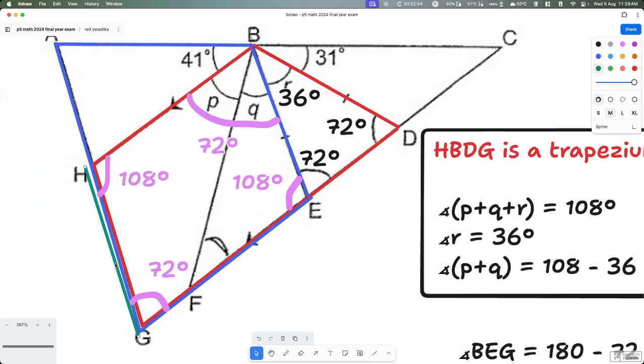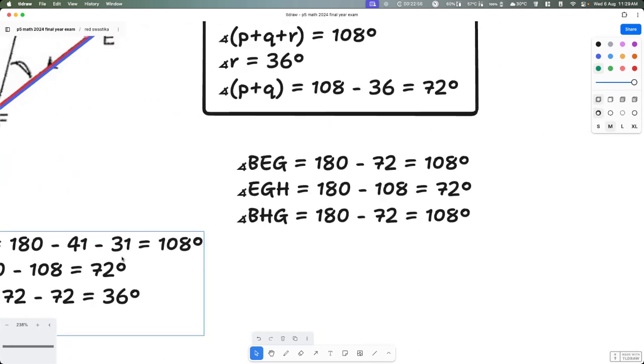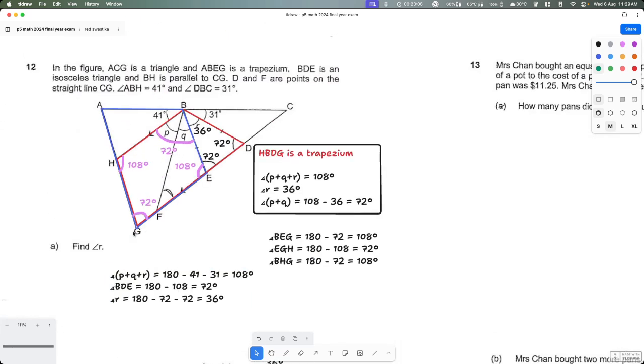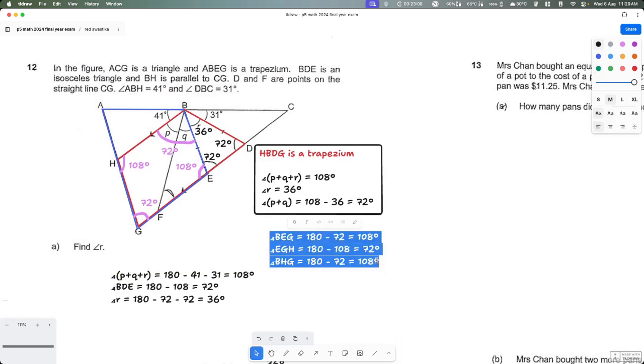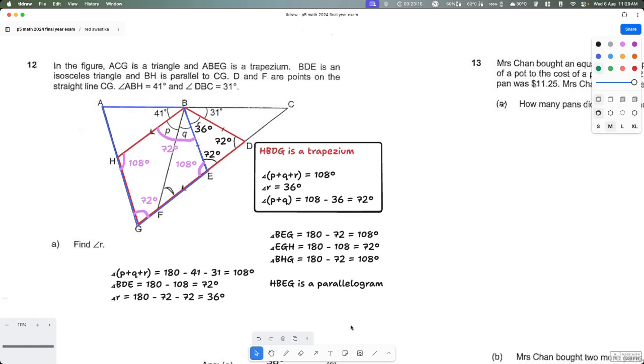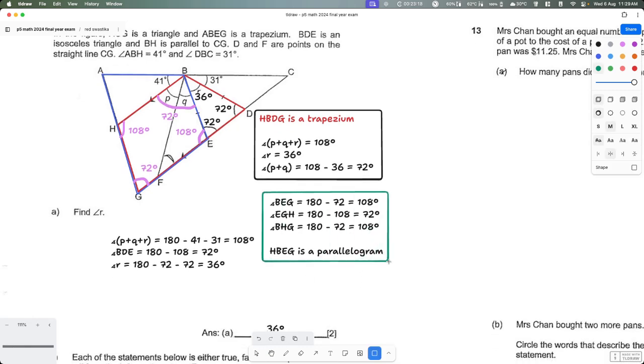Where's the delete? Okay, so that means in this case, this is true as well, HBEG is a parallelogram. Okay, so there you go. I'm gonna put another square over here.